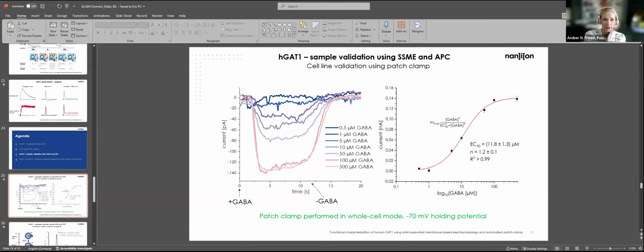Can this method be done with dissociated neurons? With solid supported membrane electrophysiology, we tried some whole cells on these devices. We have some results, but it still needs thorough testing before saying that it's safe to use whole cells with this technique.